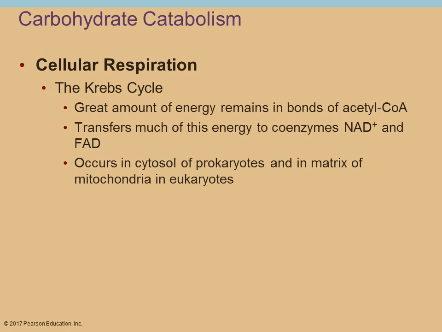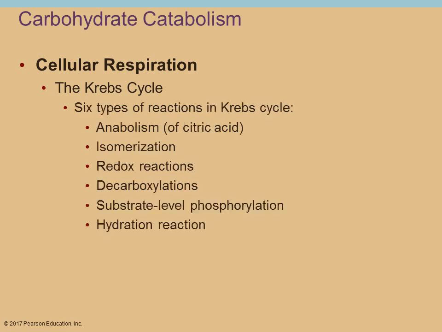In eukaryotes, the pyruvic acid, once it was generated from glycolysis, would have been transported from the cytosol into the mitochondria. And that's where everything else will occur in eukaryotic cells, inside the inner matrix of the mitochondria. But prokaryotic cells don't have a mitochondria, so everything's going to occur in the cytosol, that fluid of the cytoplasm.